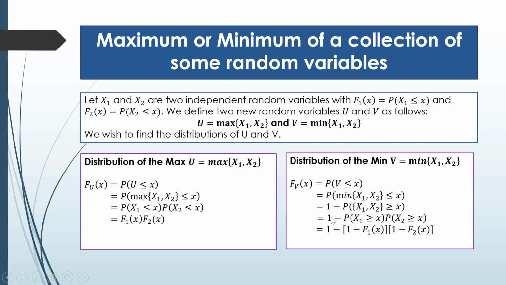So this becomes 1 minus the probability that x1 is greater than x times the probability that x2 is greater than x. And this factor is 1 minus F1 of x, and this factor is 1 minus F2 of x. So this is how we find the distribution of the minimum and the maximum of a collection of random variables.